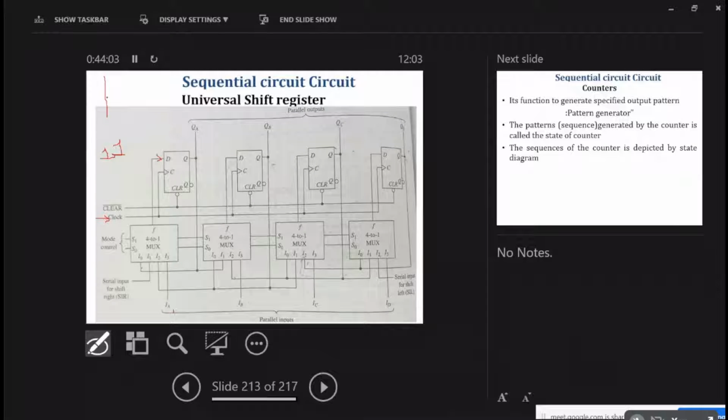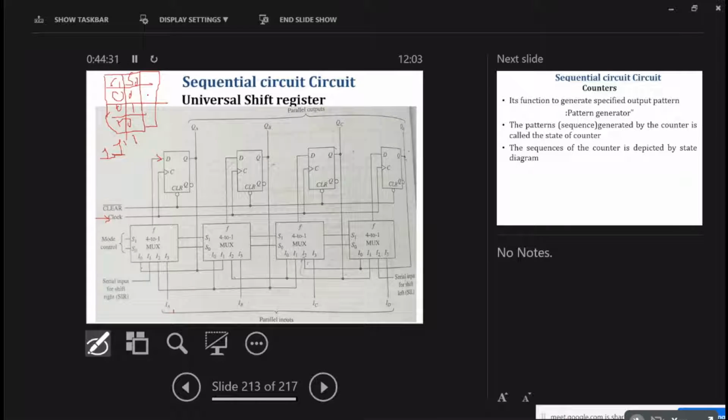If we try to find out the truth table, what will the modes be? Suppose this is S1, this is S0. How many combinations? 0 0, 0 1, 1 0 and 1 1.